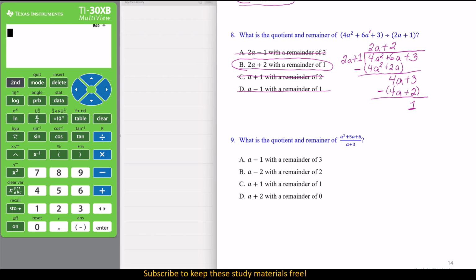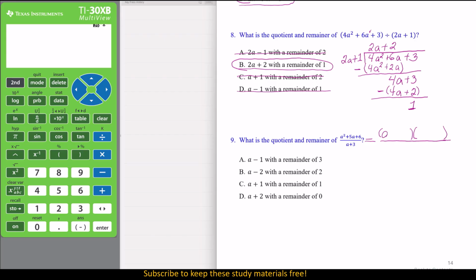I see a plus 3 in the denominator, and then I see a 6 in the numerator. I want to do something first and see if it works, because I'm super suspicious that this numerator can be factored and that one of the factors will be the same as the denominator.